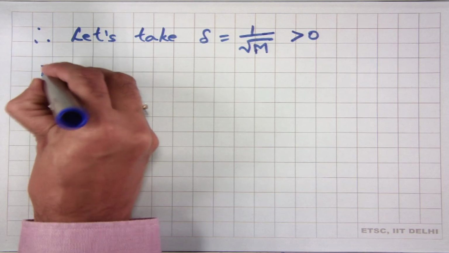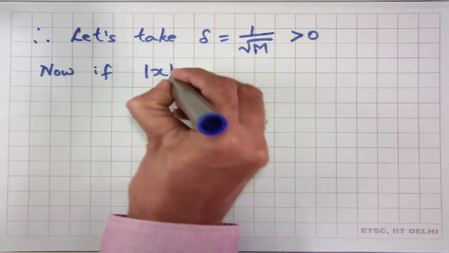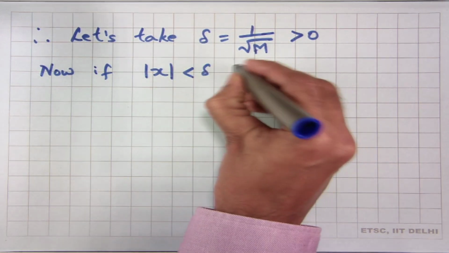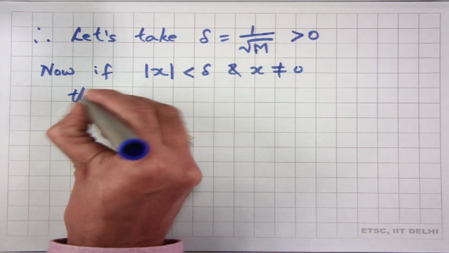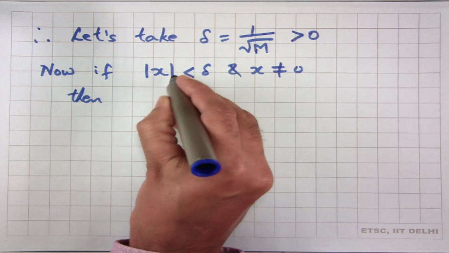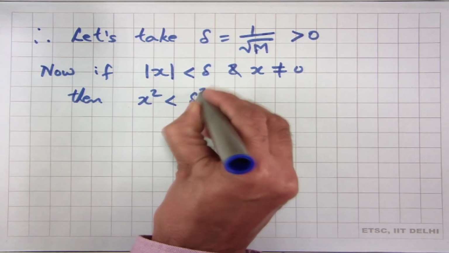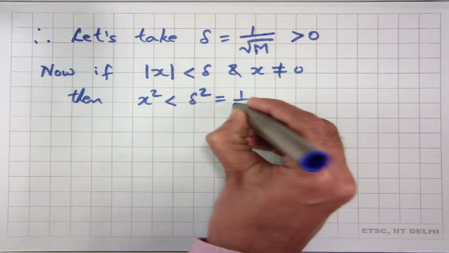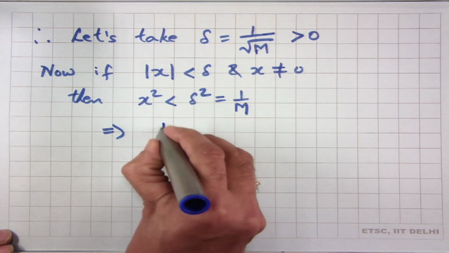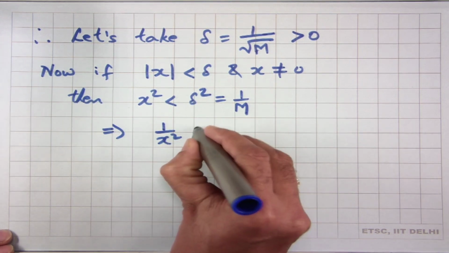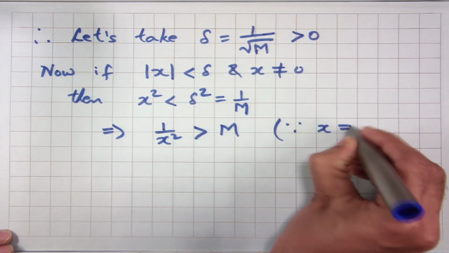Now, if mod x is less than delta and x is not equal to 0, then x square is less than delta square, which is equal to 1 by m, and this implies 1 by x square is greater than m, since x is not equal to 0.